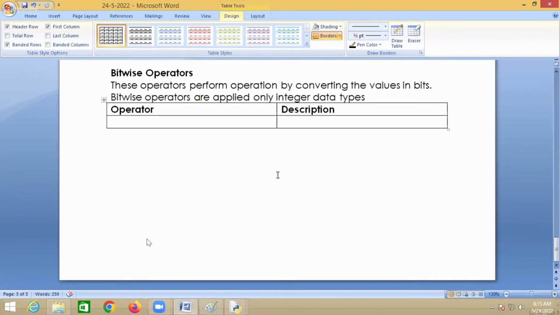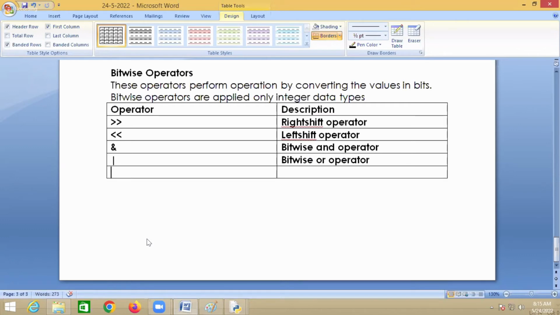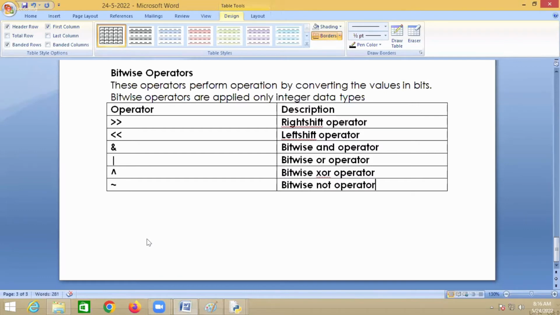The operators are: the right shift operator, the left shift operator, the bitwise AND operator, the bitwise OR operator, the bitwise exclusive OR operator, and the bitwise NOT operator.